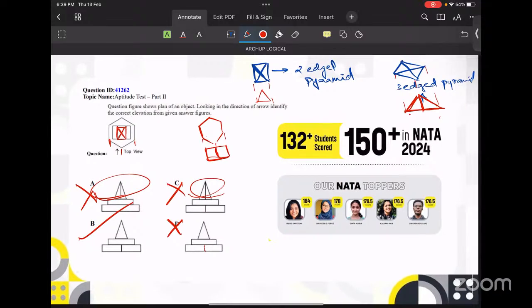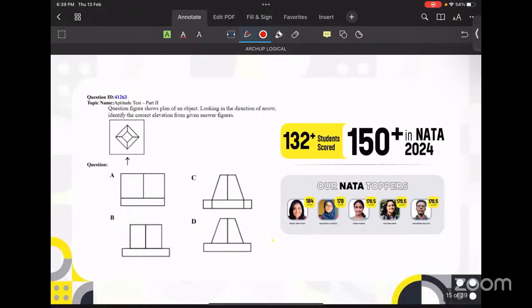Now we can come to the next question. You can find this particular question is from the concept of truncation of pyramids. What type of pyramid do we have here? This is a three-edged pyramid. How does a three-edged pyramid look? This is how. Now you are truncating. Your truncation is done.